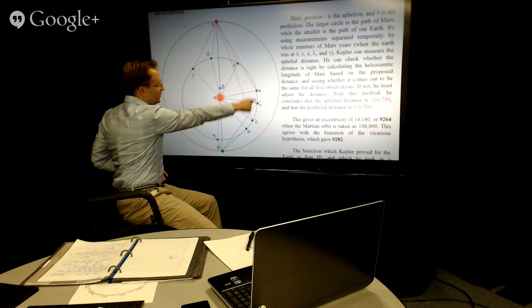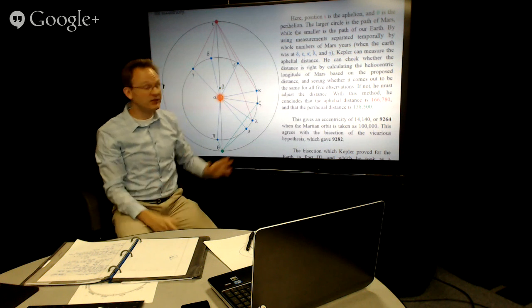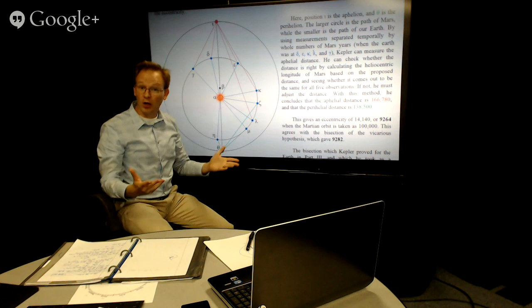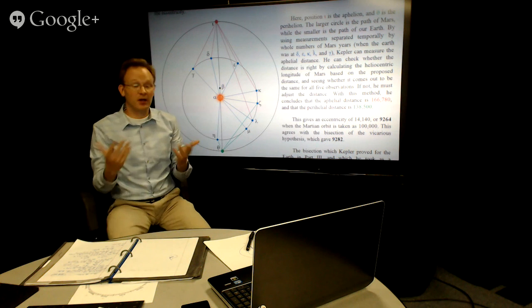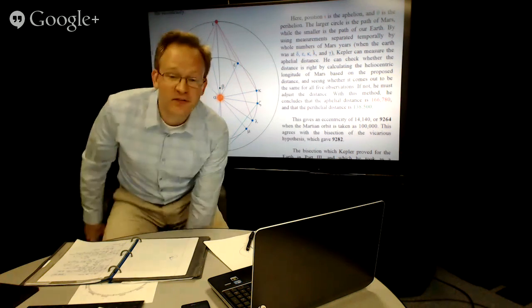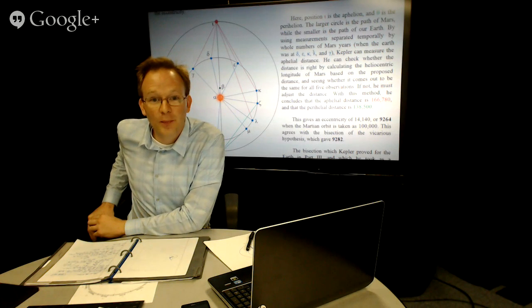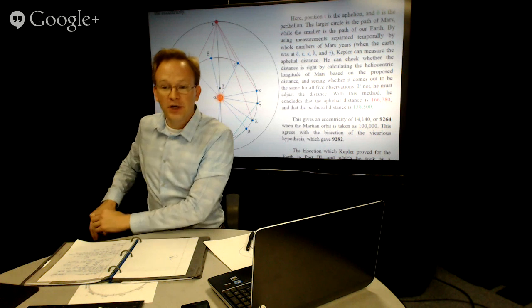If you do that for these 5 triangles, and they say that Mars is pointing in all sorts of different directions, it means that you've got this length wrong, and you need to adjust it until they all come out the same. So that's the specific technique that he used to figure out what the distance was.